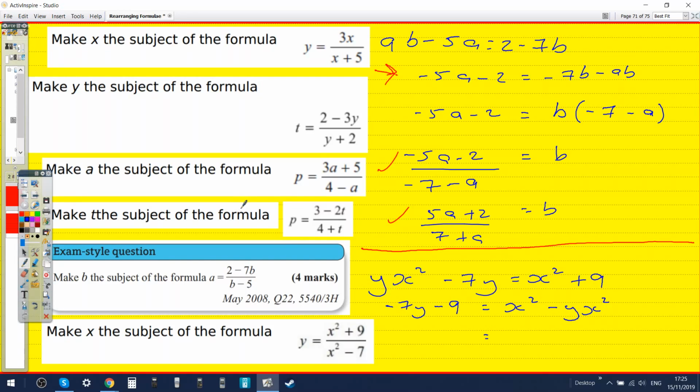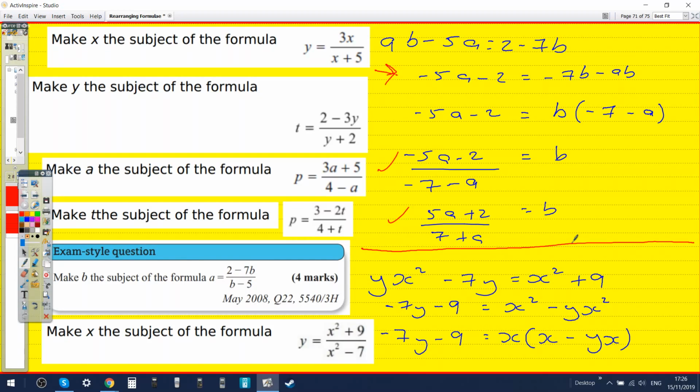Then we put them in brackets, so x squared, no sorry, just x by itself, so x, open bracket, x minus y, x minus yx. Yep. And then what? And then divide both sides by x minus yx.